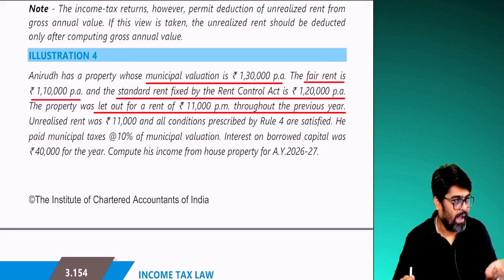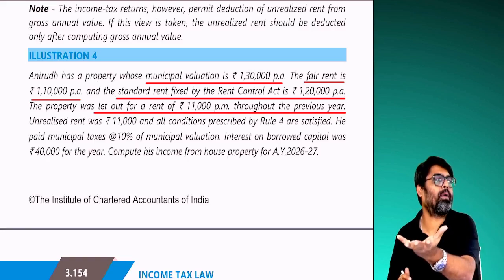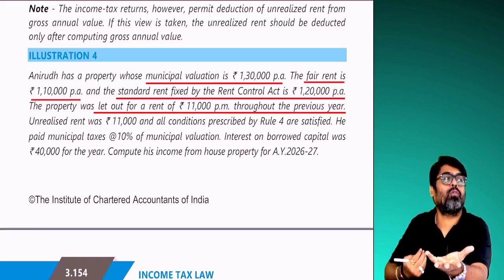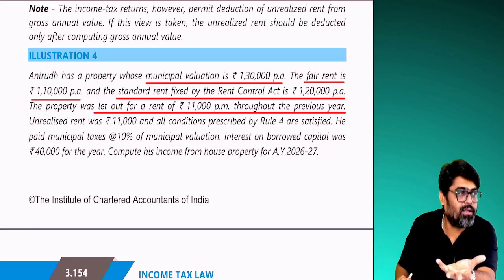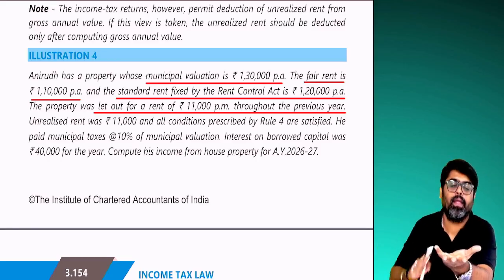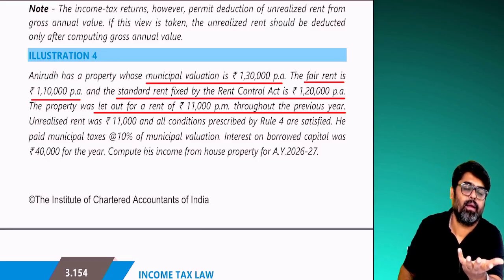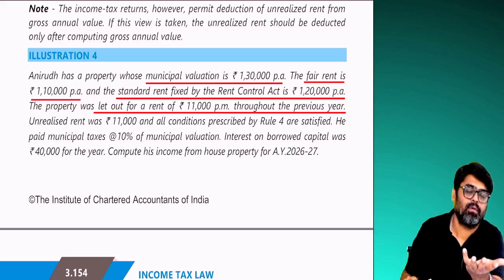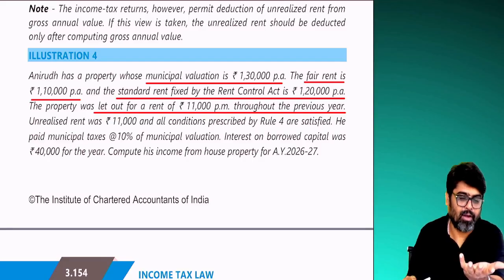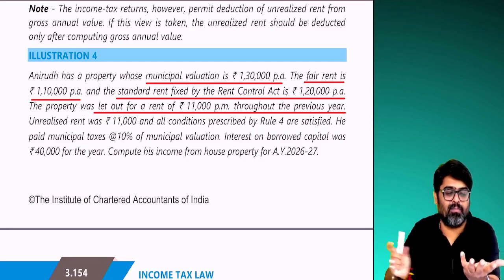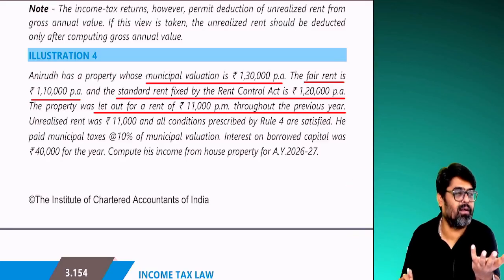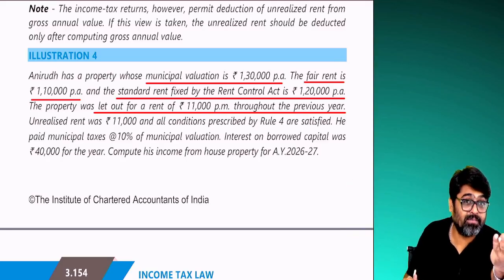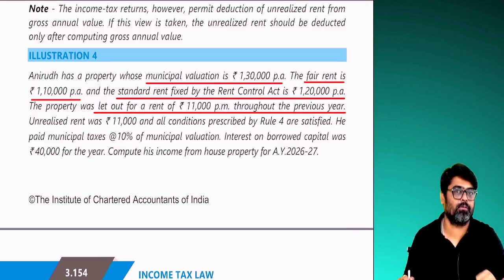Anirudh has a property. What is the status of this property? Let out property. At what monthly rent is it let out? 11,000. Is it let out for part of the year, with some part vacant, or throughout the year? Throughout the year means there is no vacancy.